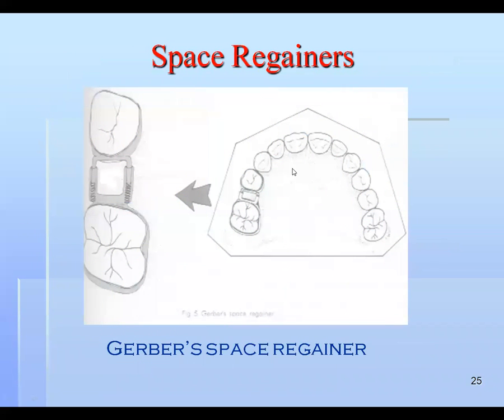This is a Gräber space regainer in which a U-tube and a U-rod are used, and a spring is placed at the free end of the U-rod, which helps to regain the lost space.